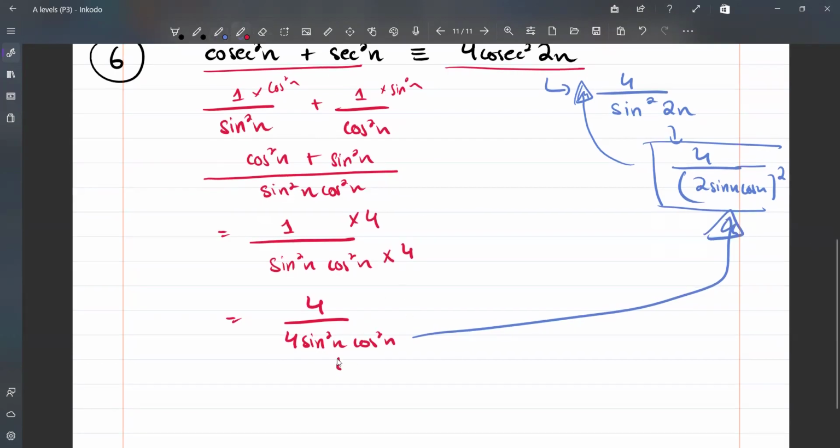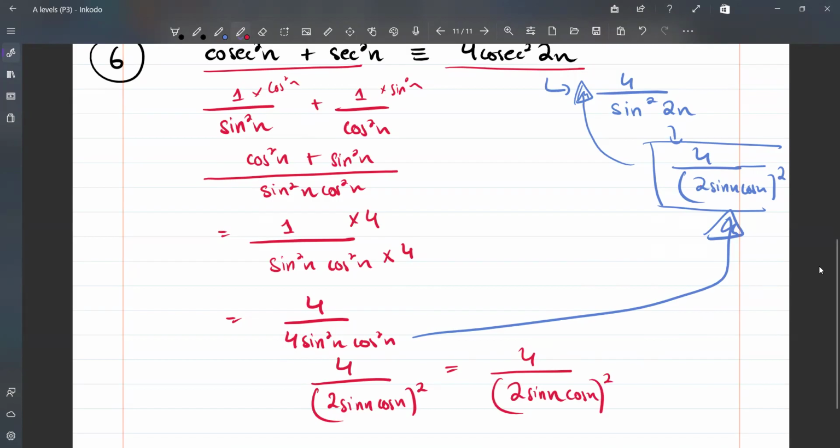So 4 sine square x cos square x, if we take the square common, we are left with (2 sine x cos x) square, right? Which is, as we reverse engineered here, equal to 4 upon (2 sine x cos x) square, all right?